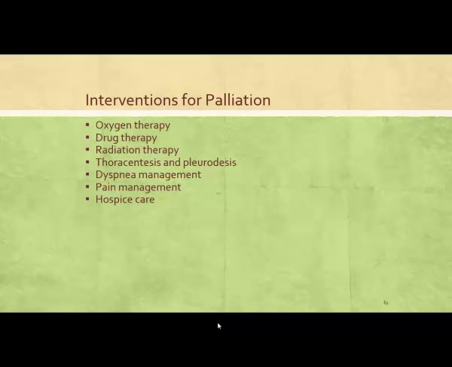Interventions for palliation. When we talk about palliation, we talk about end-of-life care. We talk about quality versus quantity. It's kind of those end-stage things. So oxygen to help decrease shortness of breath, to help relieve some of that anxiety of being short of breath.